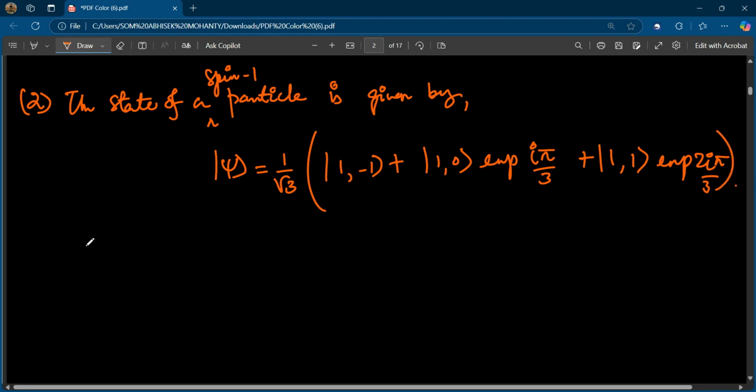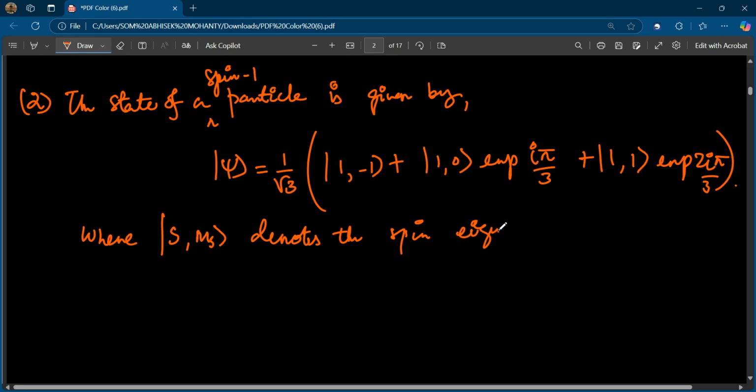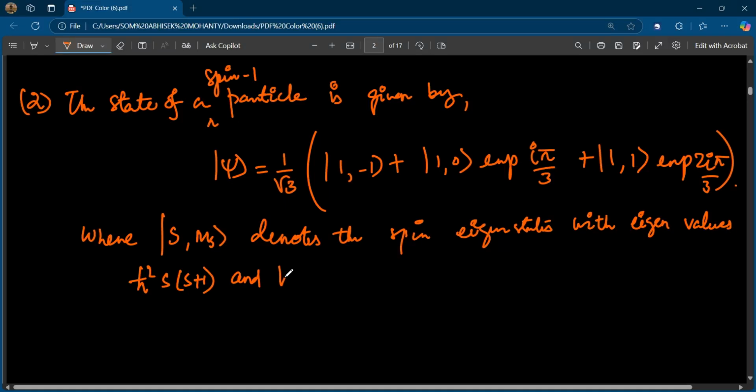So where the states |s, ms> denote the spin eigenstates with eigenvalues h cut square s into (s plus 1) and h cut ms respectively. Okay.